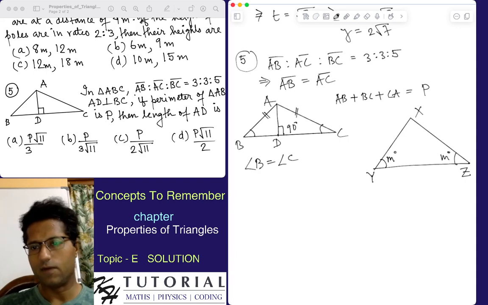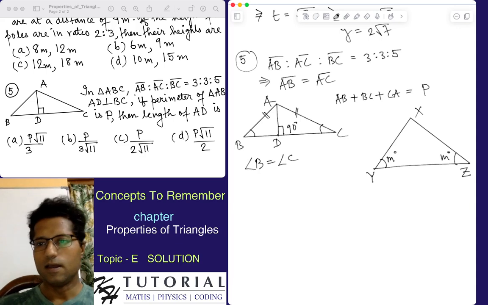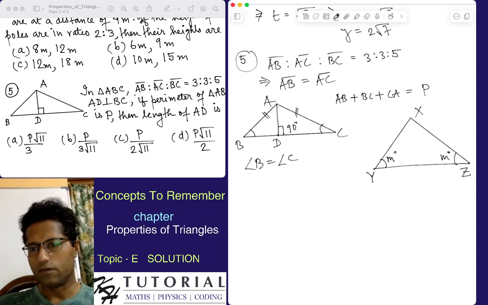If angle Y is equal to angle Z, and if you draw a perpendicular from the vertex X on the side YZ, let's say this is O, I know that this perpendicular will bisect the side YZ.